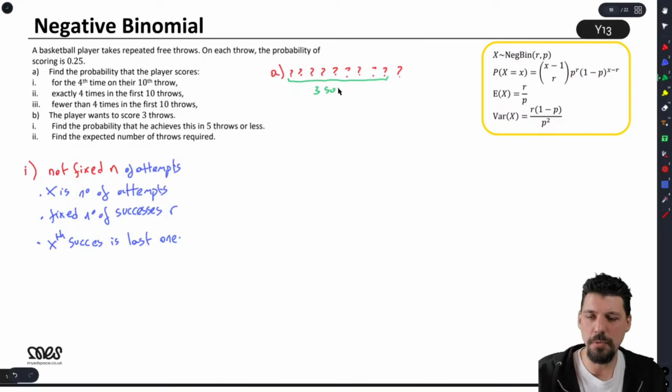Why do I know it has to be 3 successes in the first 9 throws? It's because we stop at our 4th success on the 10th throw, so that needs to be a success. So we've got 3 successes in the first 9. Well, 3 successes in the first 9, basically the first 9 is a binomial with n = 9, p = 0.25, and we want the probability that x is 3.